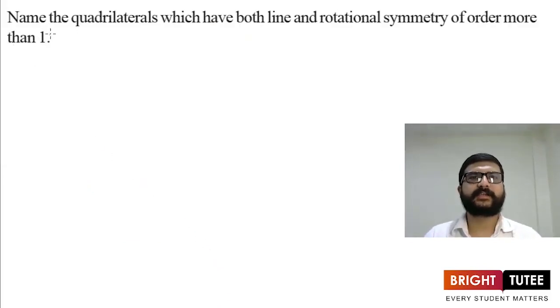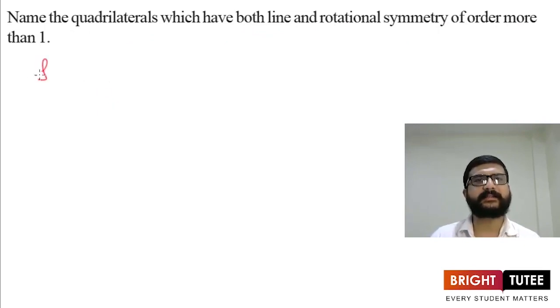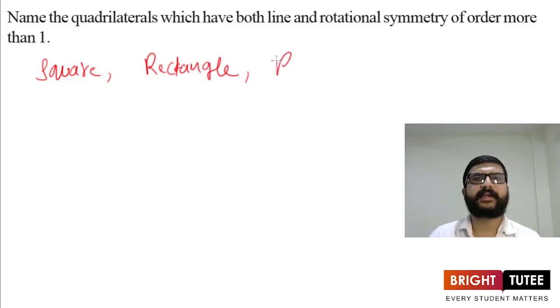Now the next question is, name the quadrilaterals which have both line and rotational symmetry of order more than 1. In the previous example we have seen a few quadrilaterals, and they are square, rectangle and rhombus. We have seen that all these quadrilaterals have line symmetry as well as rotational symmetry of order more than 1.